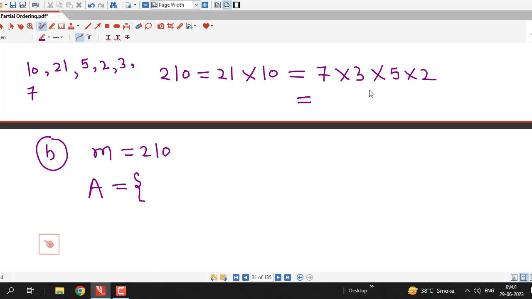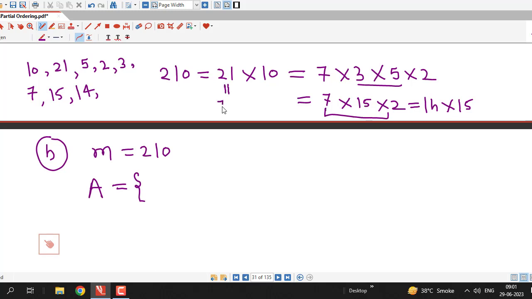Similarly, we can write this as 15 into 2. So we obtain 15 also. And if I combine 7 and 2, then I will have 14 into 15. So I obtain 14 also. And if I can rewrite this as 7 into 3, then into 10, so I obtain 70 also.